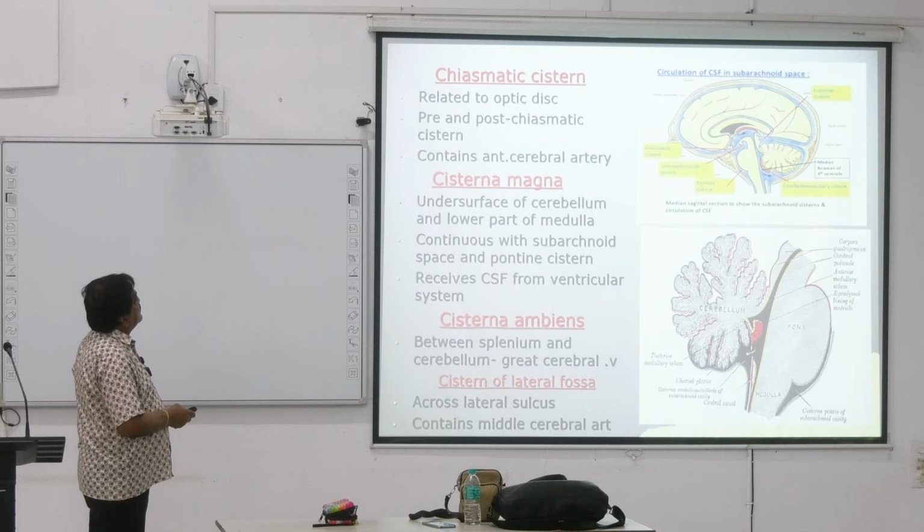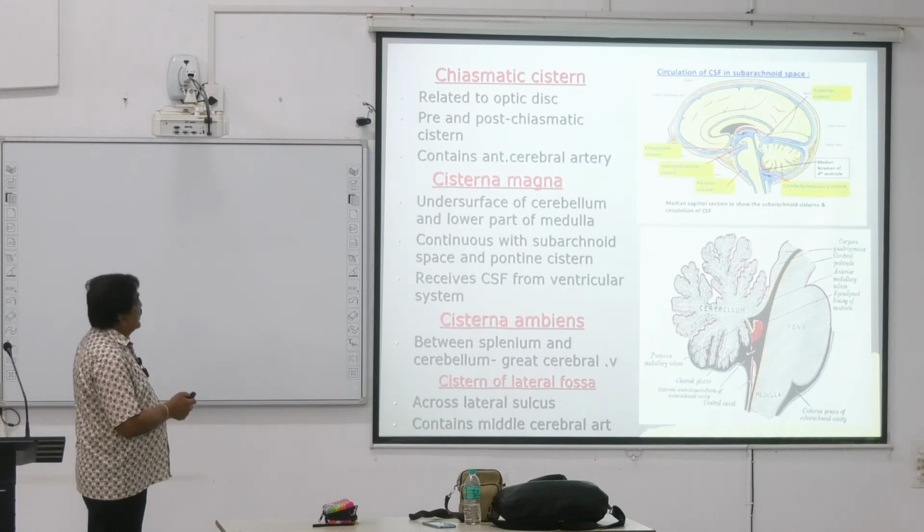Now, the chiasmatic cistern is related to the optic chiasma, with pre and post chiasmatic parts, and contains the anterior cerebral artery. The cisterna magna lies under the surface of the cerebellum and lower part of the medulla, is continuous with the subarachnoid space and pontine cistern, and receives CSF from the ventricular system.